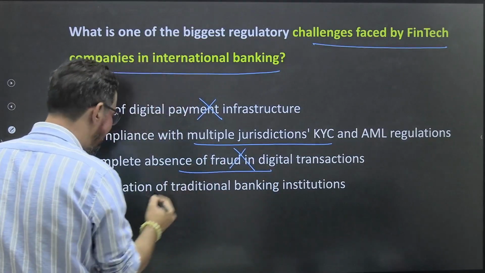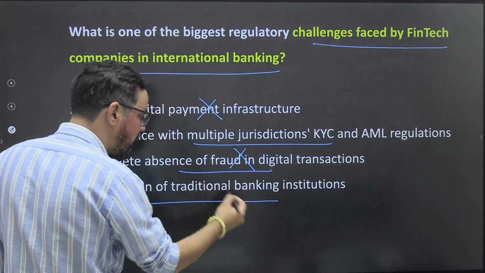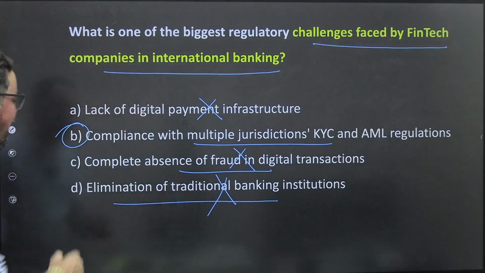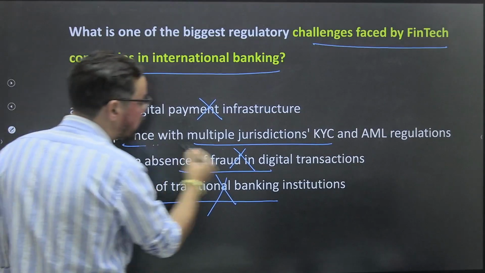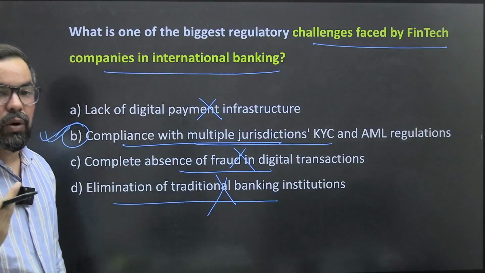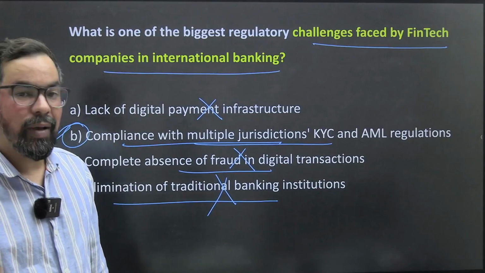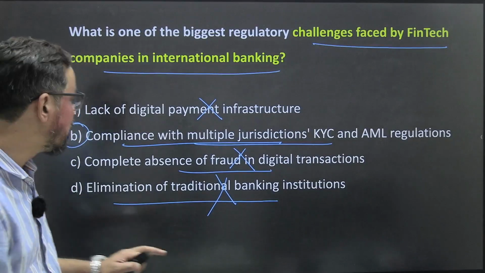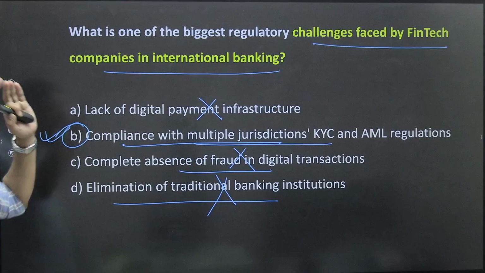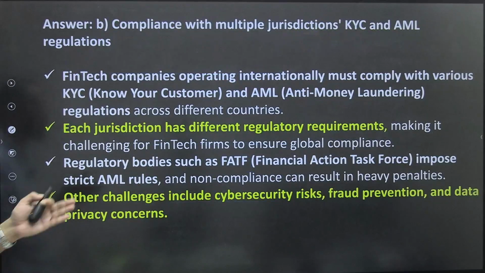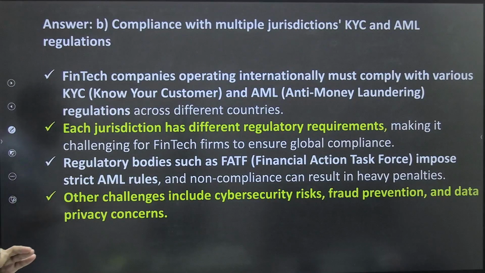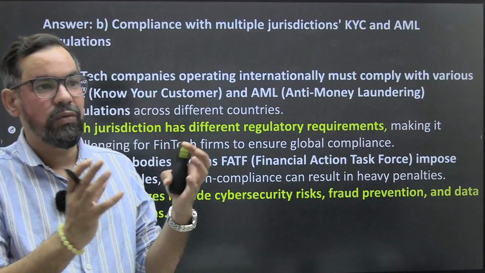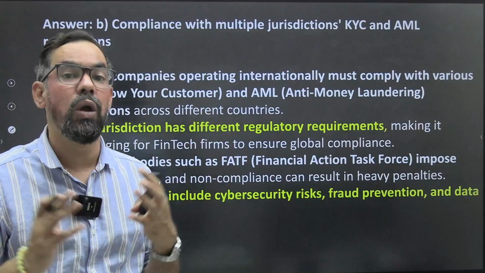No. Elimination of traditional banking? No. Look, the biggest challenge is that every country has some sort of different jurisdiction about KYC and AML guidelines. So while we design those products, we have to build accordingly, so that we do not have a universal regulation across the world.